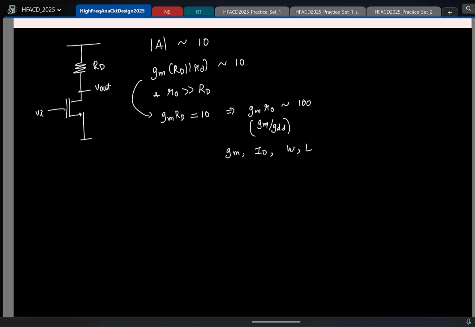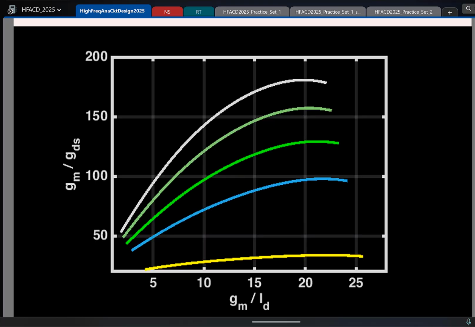So let me do the following. I know GM by GDS, so I can plot this versus GM by ID for different values of length. I do that, I get something like this. This is GM by GDS versus GM by ID, for different lengths.